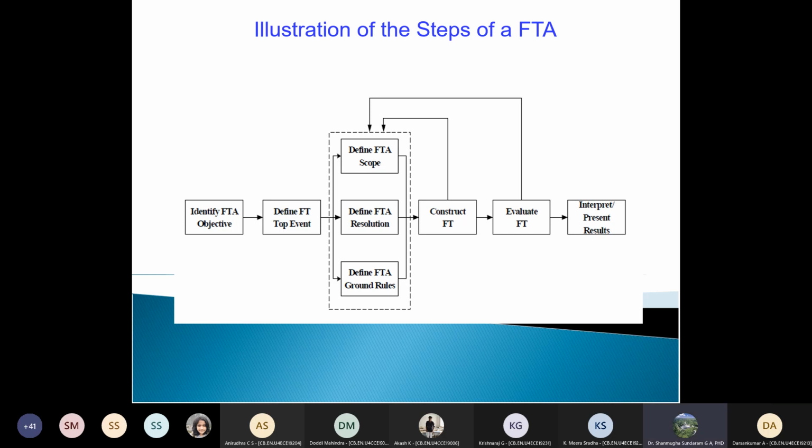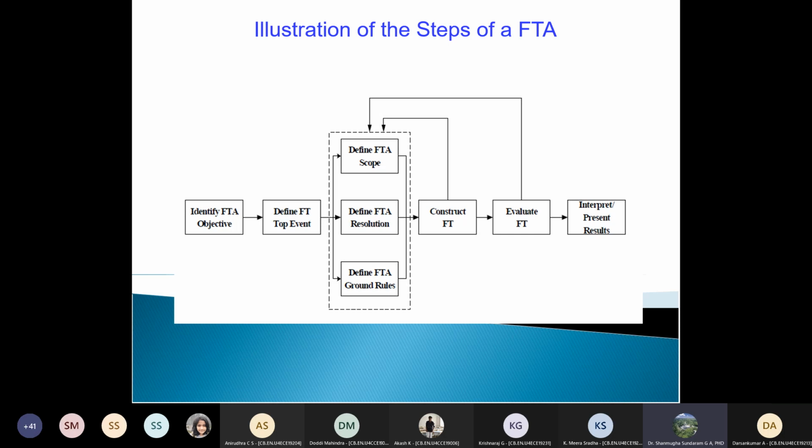So there are primarily four important steps that can be identified here. First is to define the undesirable event for the analysis. The so-called focus of the FTA is right there. Beyond that, you define the boundary of the analysis scheme. The so-called scope of the FTA is defined at that point.